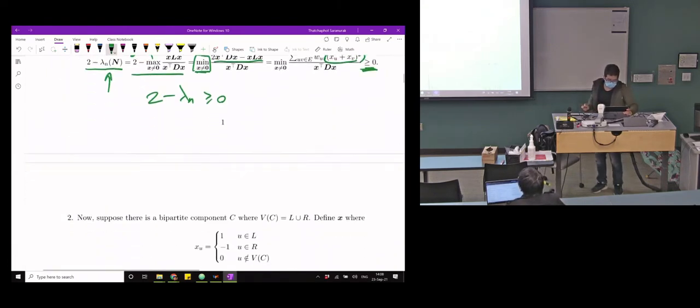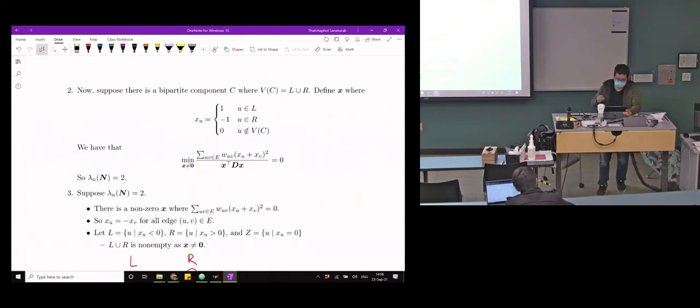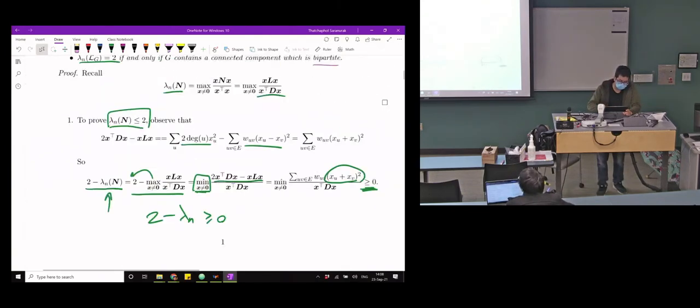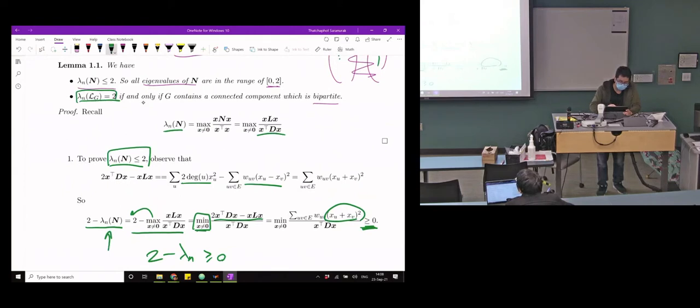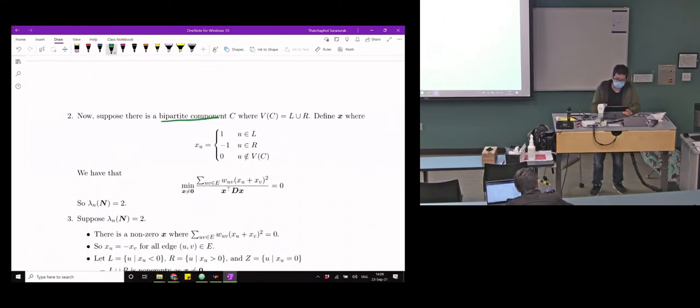Okay. And let's do this quickly. Why is it the case that lambda n is 2 if and only if there exists a connected component which is bipartite? So suppose that there is a bipartite component, right?